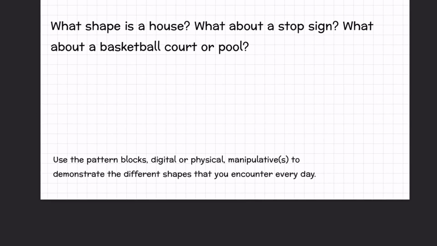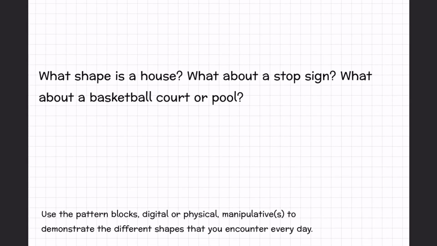From here, we would move forward into what shape is a house or a stop sign? What about a basketball court or a pool? In my classroom, they are very much addicted to sports in different forms. So using some of those regular encounters of their daily life, whether that's a football court, a soccer field, a baseball field, or a basketball court, or even a pool.